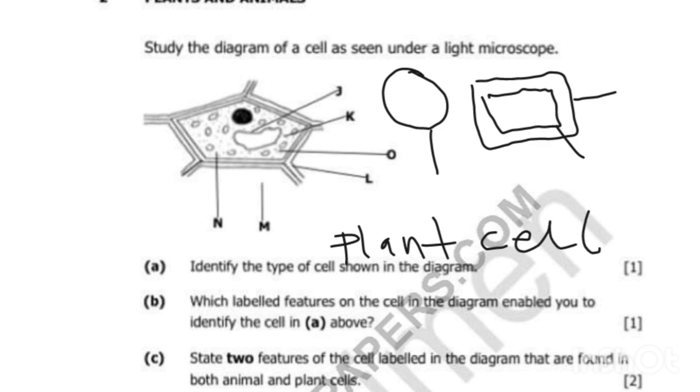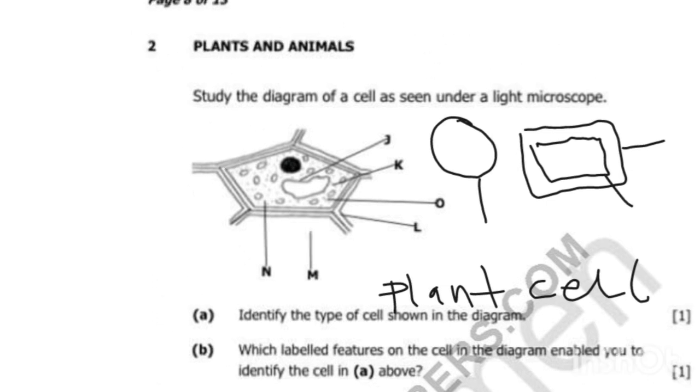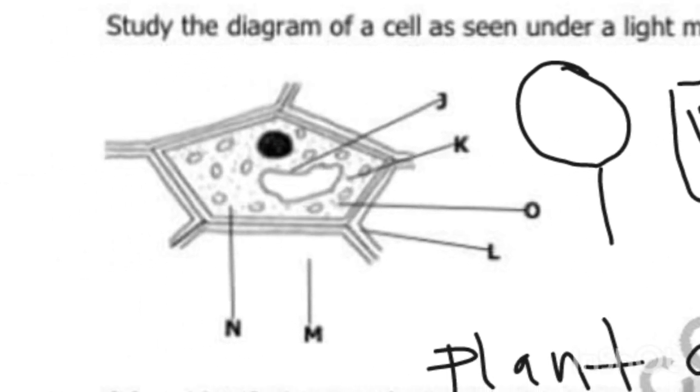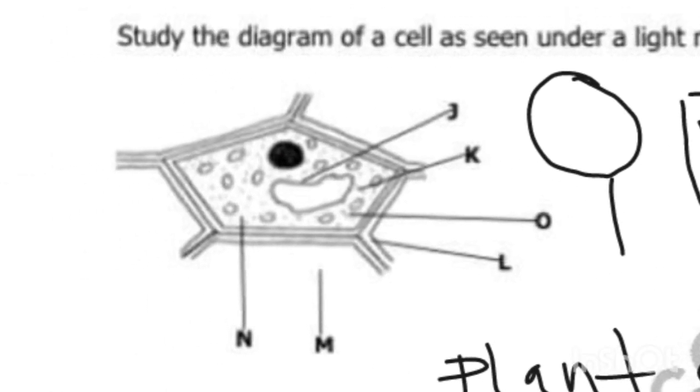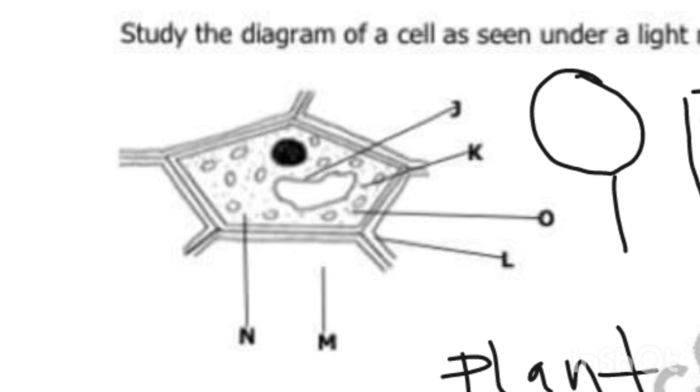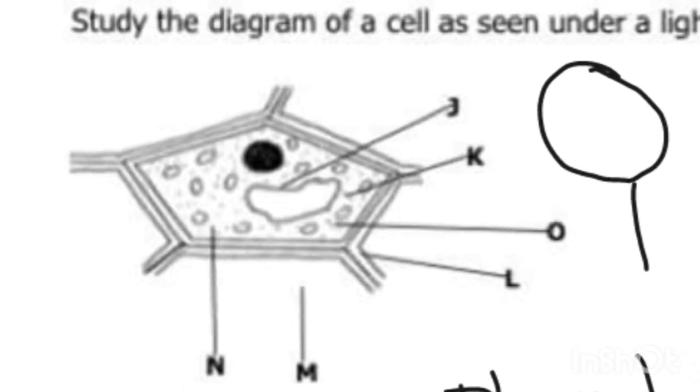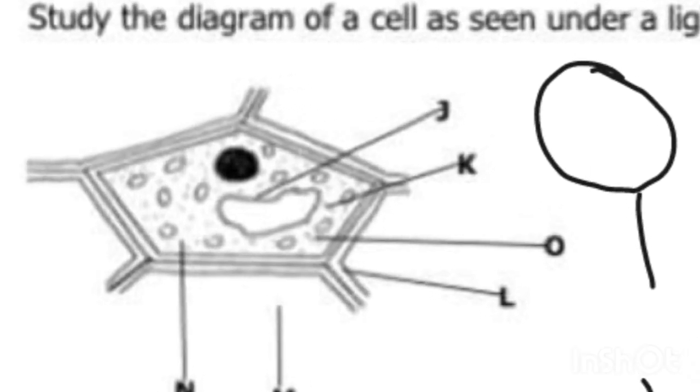Which labeled feature on the cell in the diagram enables you to identify the cell above? What has made us identify that this is a plant cell? We know that an animal cell doesn't have a cell wall.